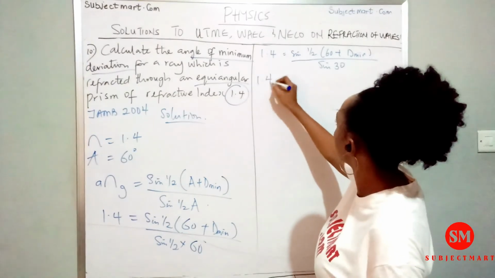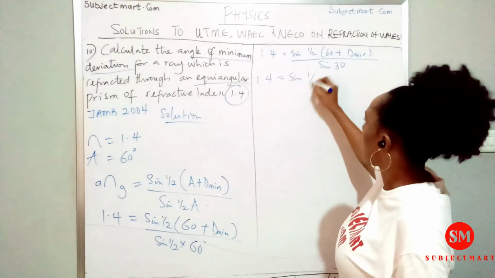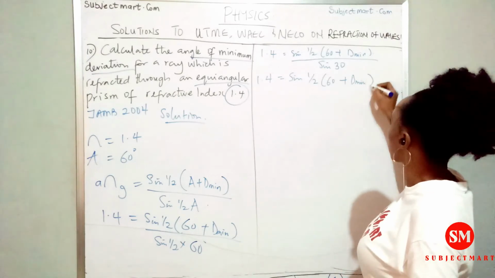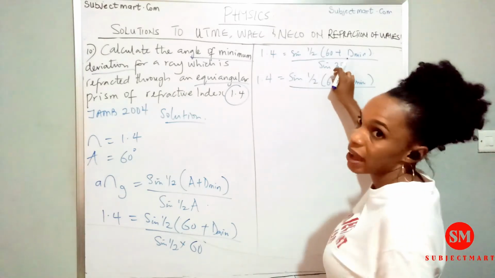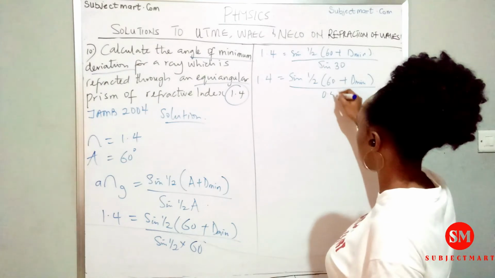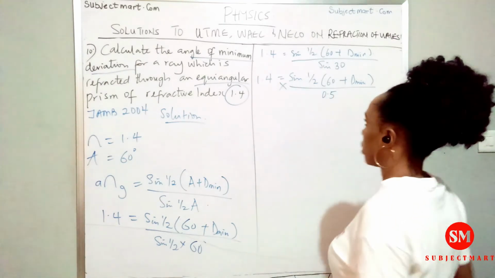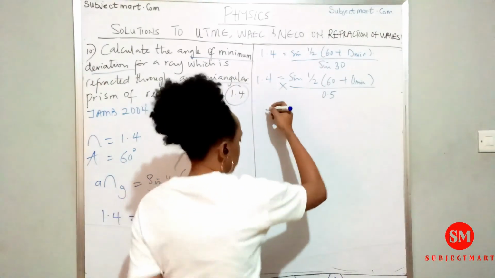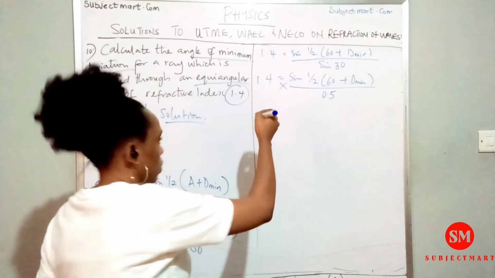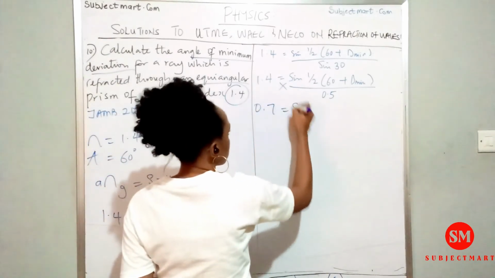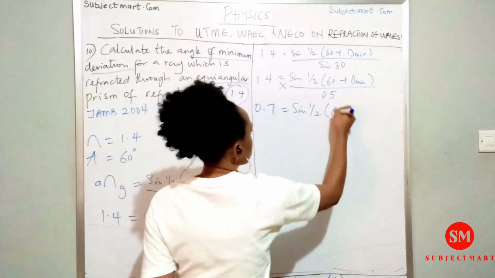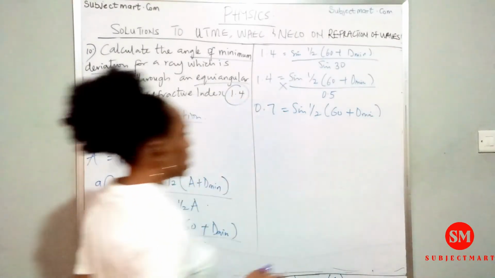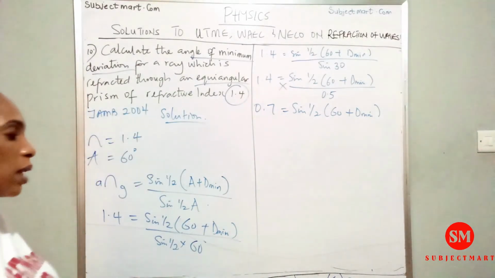So I have 1.4 is equal to sine half 60 plus D minimum over sine 30, which is 0.5. So I'm going to cross multiply. By the time I cross multiply, I'm going to have 0.7 is equal to sine half 60 plus D minimum. I want to believe it's clear to that level.